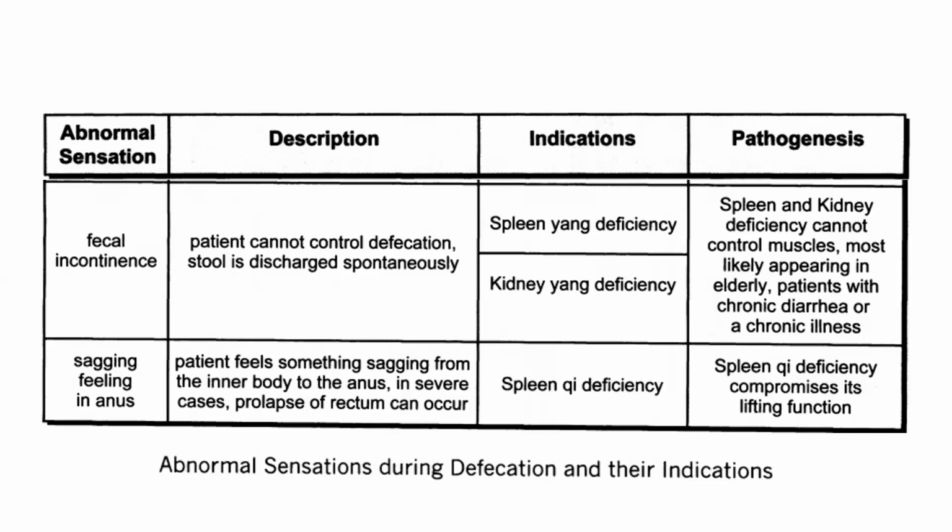If there's a sagging feeling in the anus, the patient feels something sagging from the inner body to the anus. In severe cases, prolapse of the rectum can occur. This indicates spleen chi deficiency. So the pathogenesis is spleen chi deficiency compromising its lifting function.